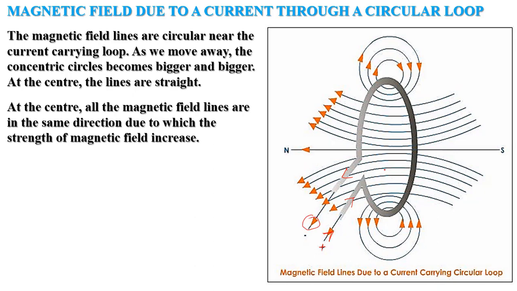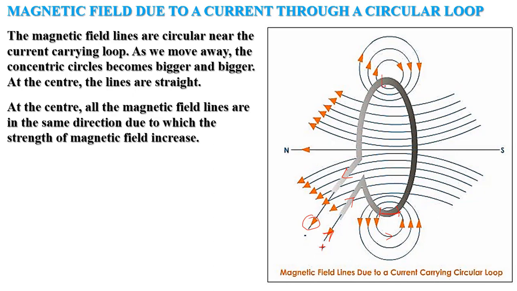Now if we consider this as a small conductor, the magnetic field lines will be circular, as you can see, concentric circular. As we move towards the center, the size of the circle will increase more and more.